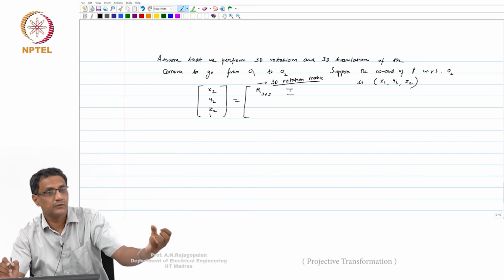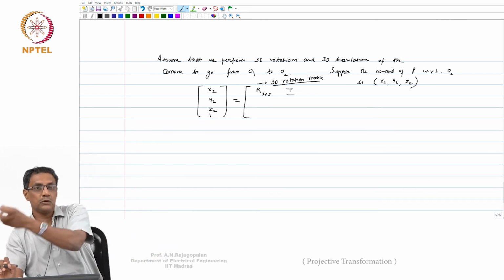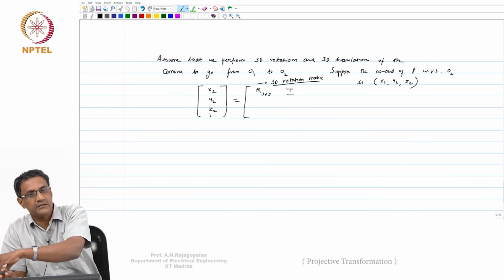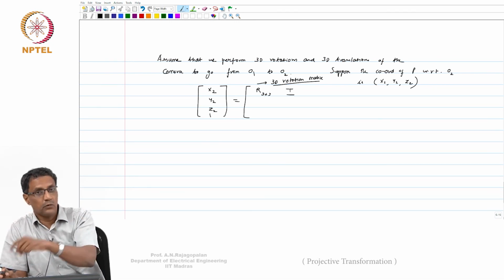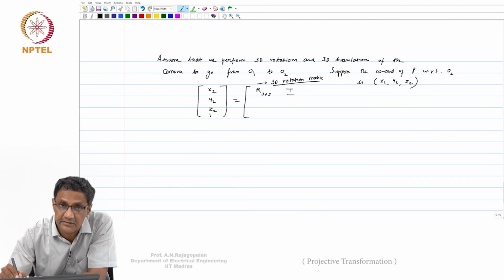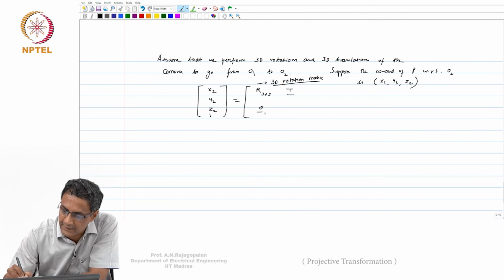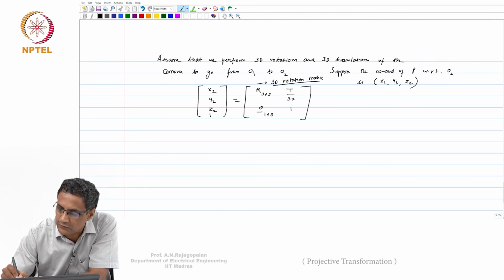This T is because you're coming from O1, bringing the camera to O2 by going through some translation in the world space and some rotation in the world space and reaching O2. So this is camera translation, this is the 3D rotation matrix of the camera, and then you have a 0 vector which is 1 cross 3, and a scalar. This T is of course 3 cross 1. So your camera has undergone a translation Tx, Ty, Tz.